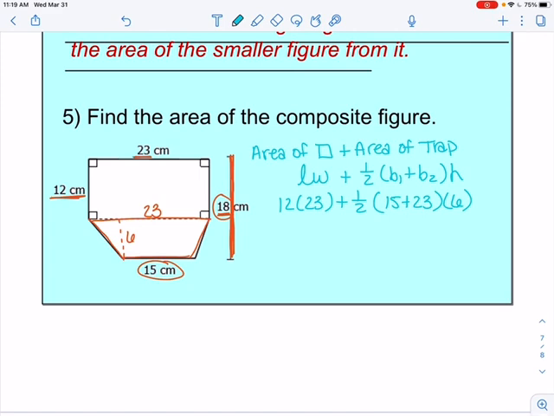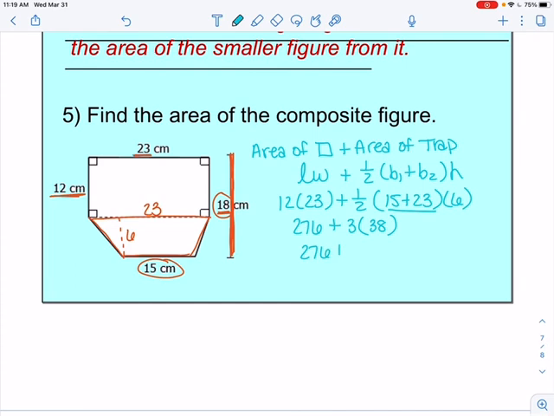In other words, the first thing I have to do is 12 times 23. 12 times 23 is going to give you an answer of 276. Okay, on the other side, half of 6 will give me 3. And when I add these 2 together, I'm going to get 38. Sorry, I'm doing this in my head. So 276. And you can plug this whole right-hand side into the calculator at one time if you want.